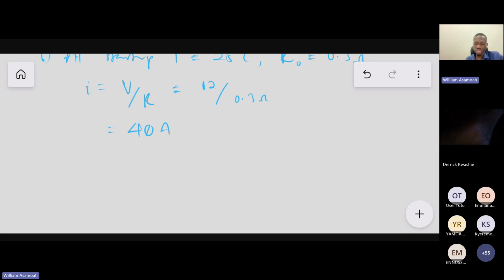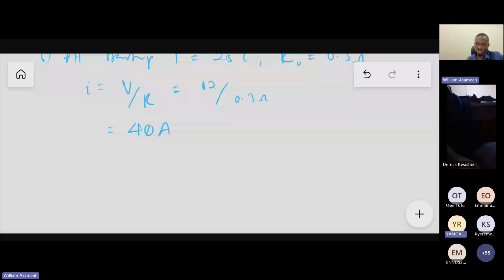Now, what happens is that this instantaneous initial current draw is so huge that it's going to heat up the tungsten filament element very quickly in a very short period of time. That is why when you are turning it on, you can observe that it doesn't brighten all of a sudden.